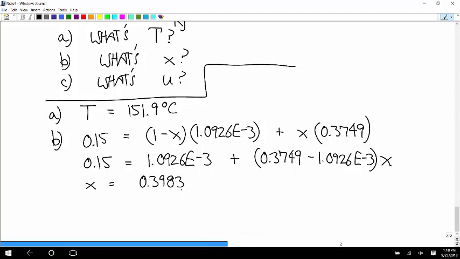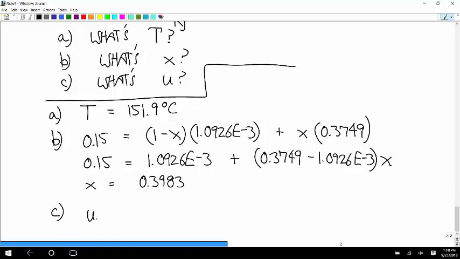0.3983. Okay, so 39.83% vapor by mass, and then the other 60% is liquid. And then the last question is, what's the specific internal energy?